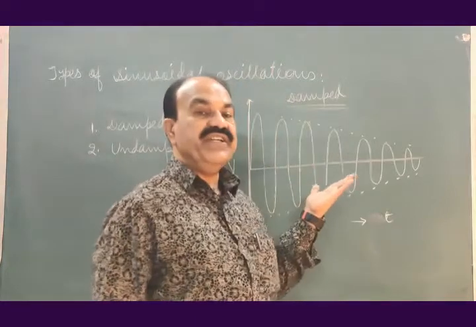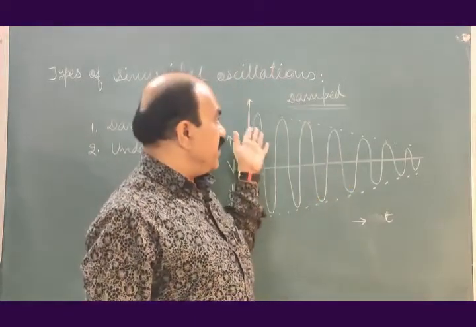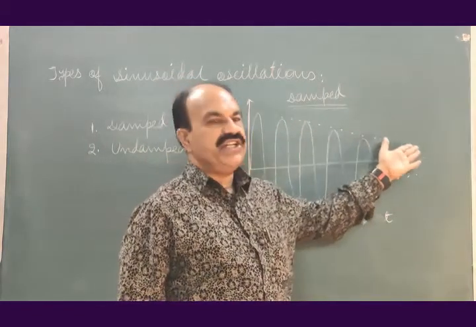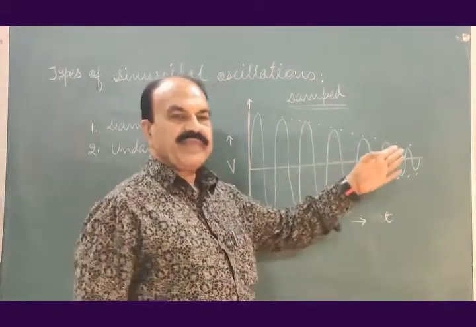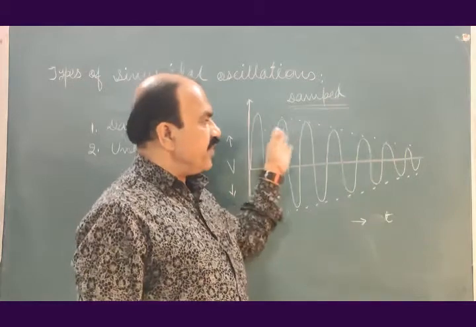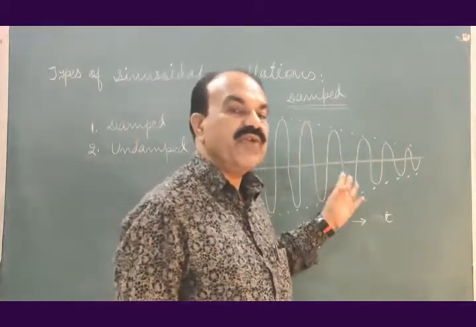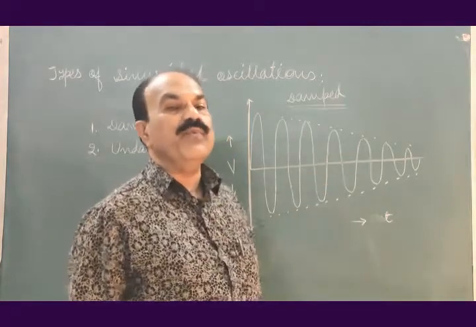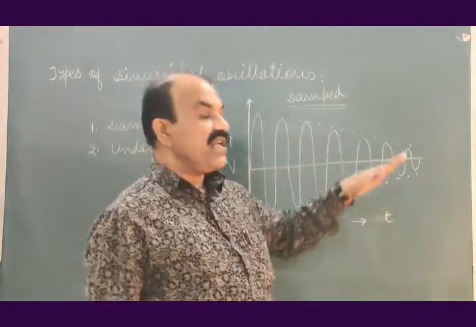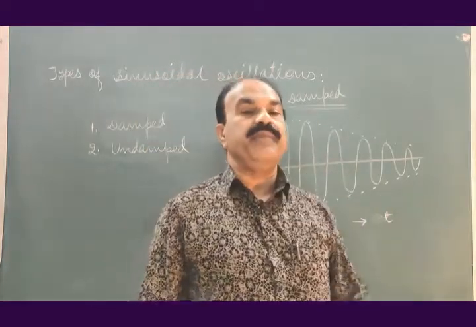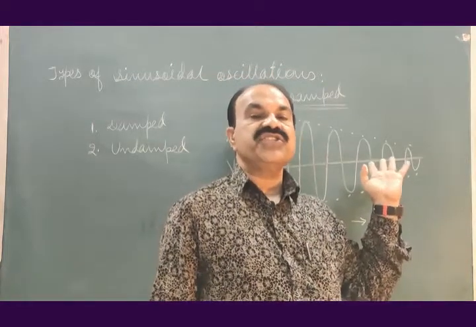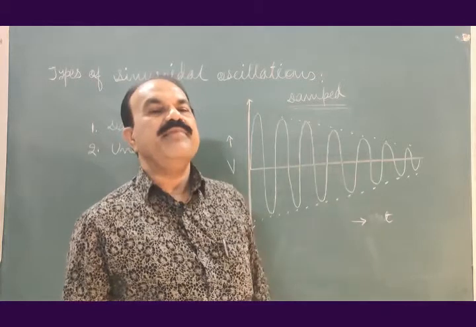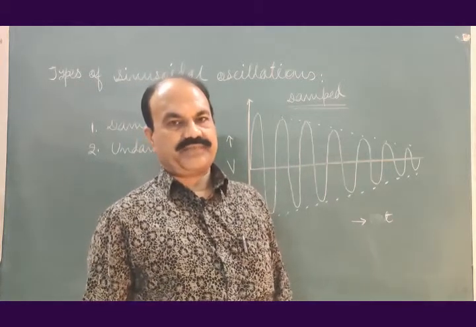So what we find here, amplitude of every cycle is decreasing continuously. As amplitude of every sine wave is decreasing continuously with respect to time, we call these sinusoidal oscillations damped oscillations.